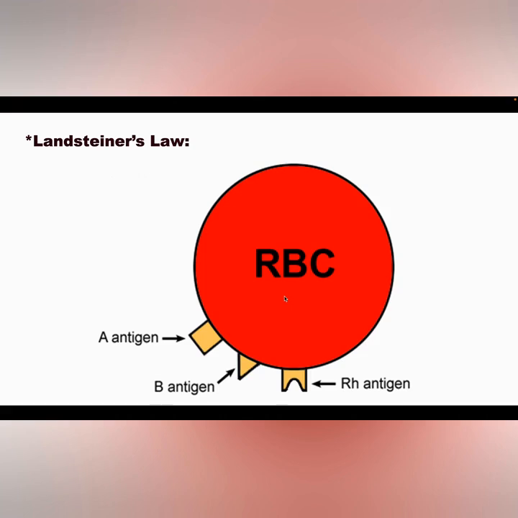What his law says is, if a particular antigen is present on the membrane of the RBC, the corresponding antibody must be absent in the plasma. That is the first law. The second law says if a particular antigen is absent on the membrane of the RBC, the corresponding antibody must be present in the plasma.